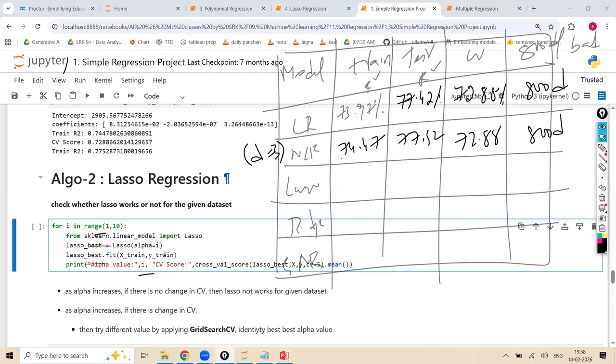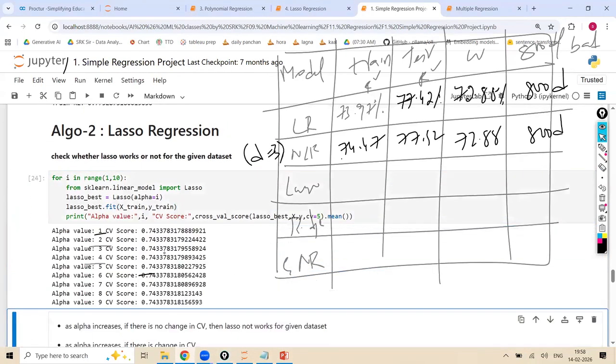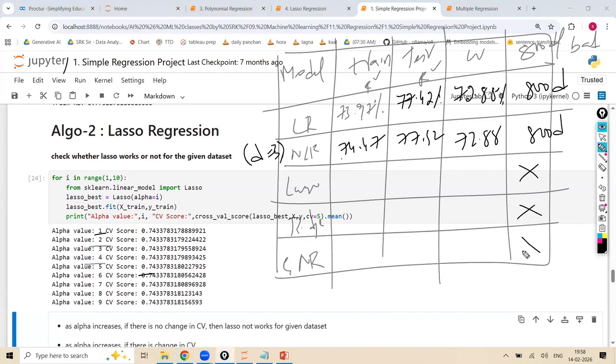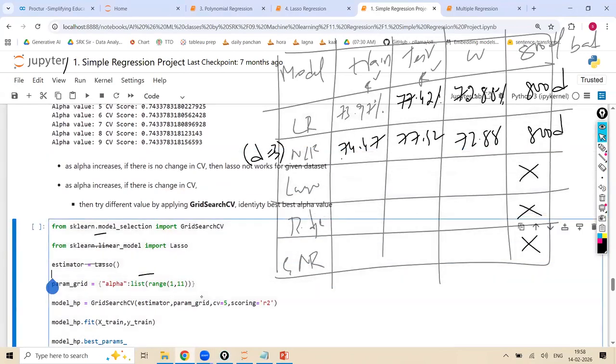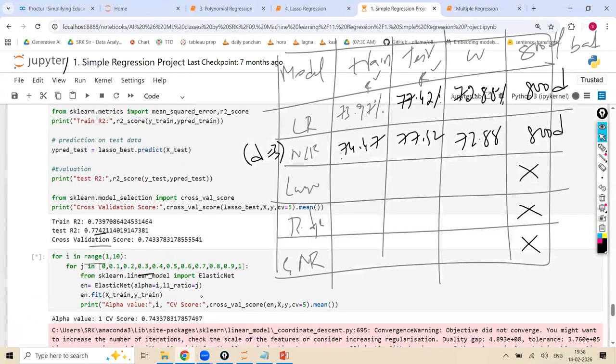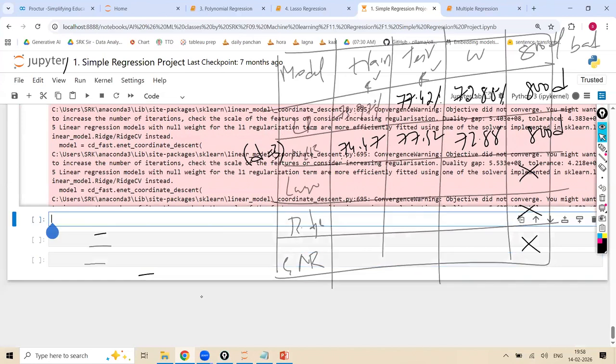Both tables are separate. Now here when I observe, for every alpha value it is the same. There is no difference in the CV. Means literally lasso is not working, ridge is not working, elastic is not working. We have already observed and completed this, and this is our final.